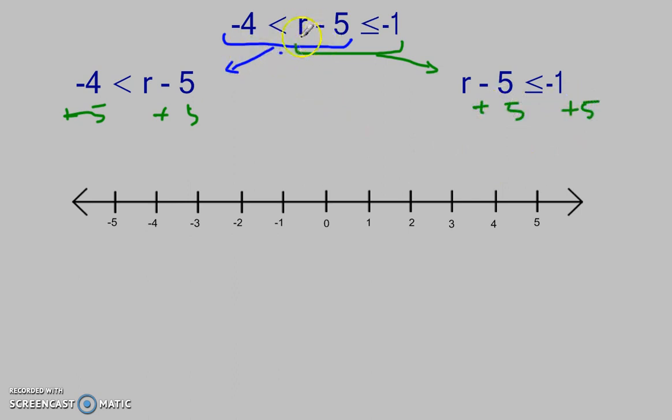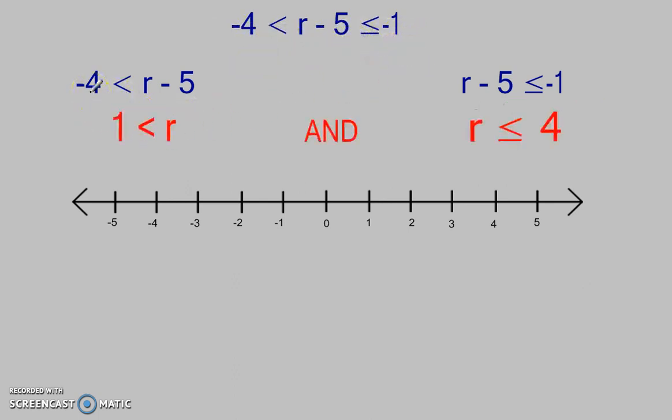So if you want a shortcut, you can do that same thing to the original compound inequality, add 5 here. Then you have to remember you're going to have to add it in every section. Okay, so that gives us 1 is less than r, and r is less than or equal to 4.